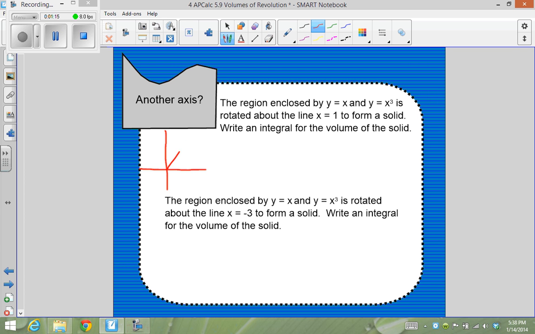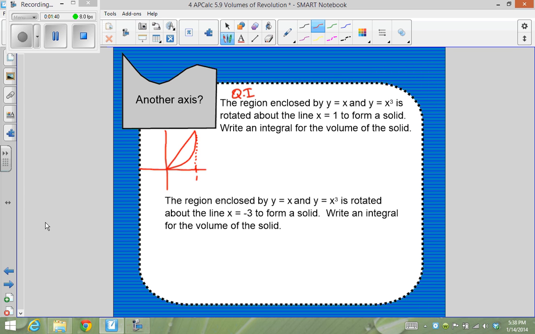Your y equals x is coming like that, and your y equals x cubed is this piece right here. Again, this is a quadrant 1 region, rotated around the line x equals 1. Well, x equals 1 is going to be right here, and so there is my axis.